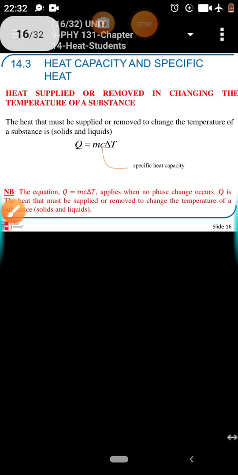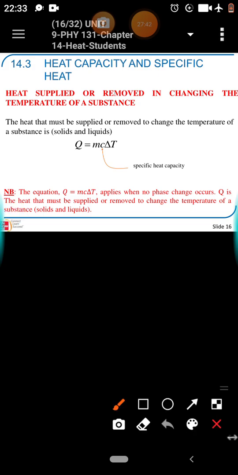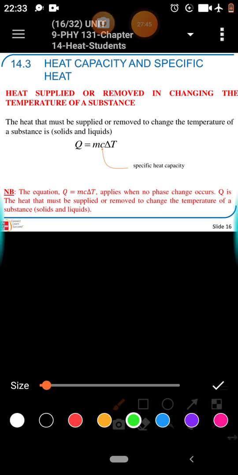Now let's talk about heat capacity and specific heat. The heat that must be supplied or removed to change the temperature of a substance is given by this equation, where we have mass times the specific heat.